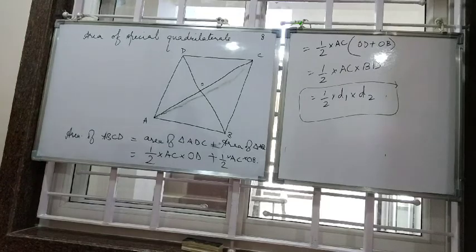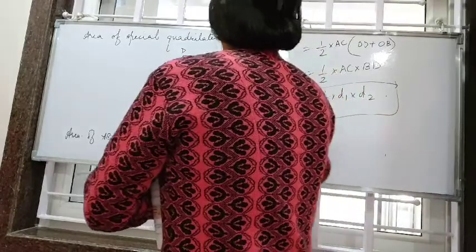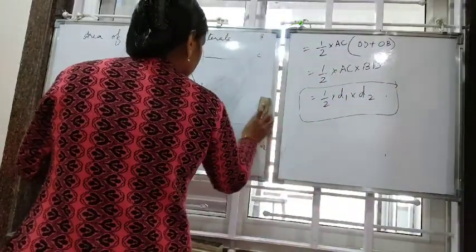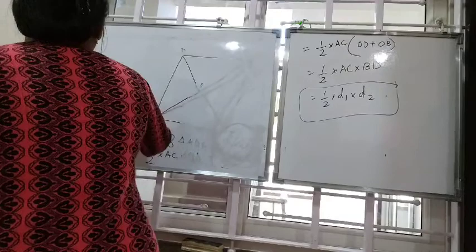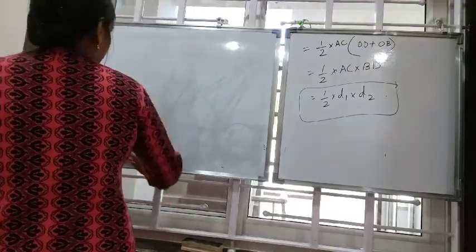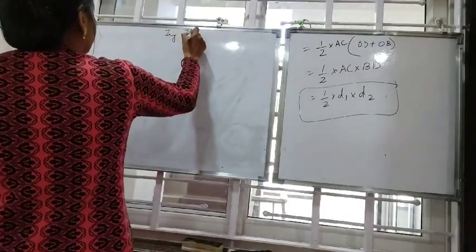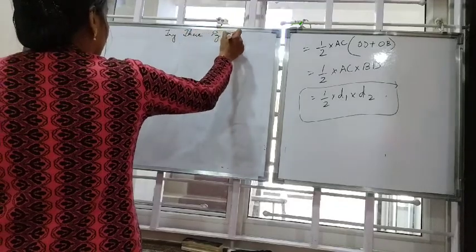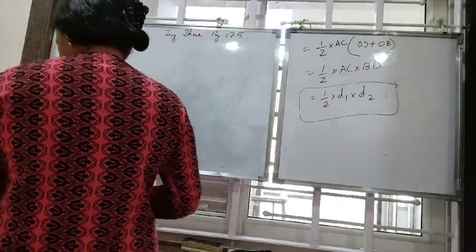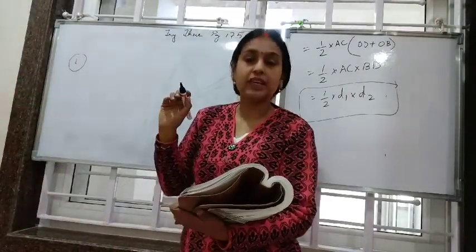Now children, there are certain try these on page number 175, we will start now. Try these, page 175. We have to find the area of these quadrilaterals.